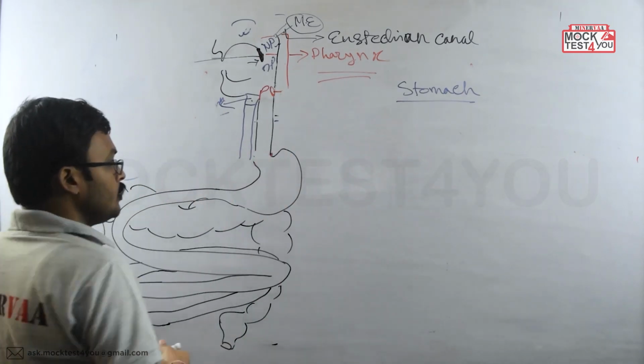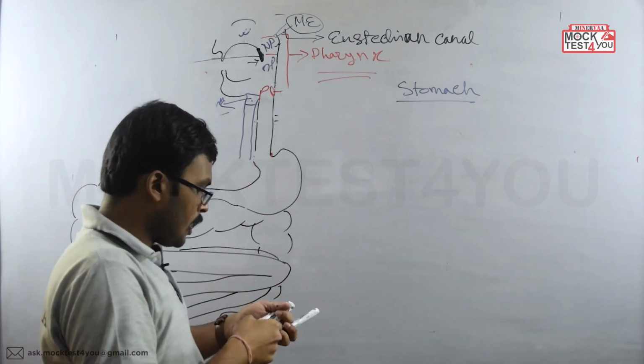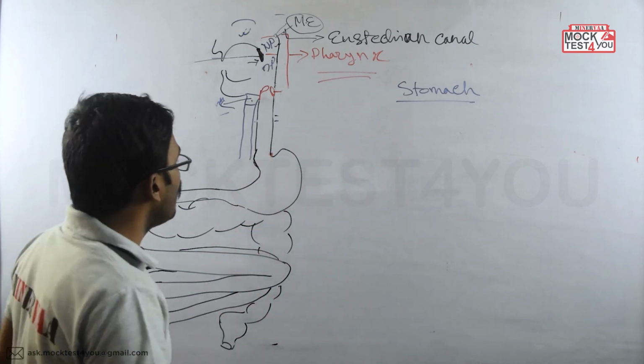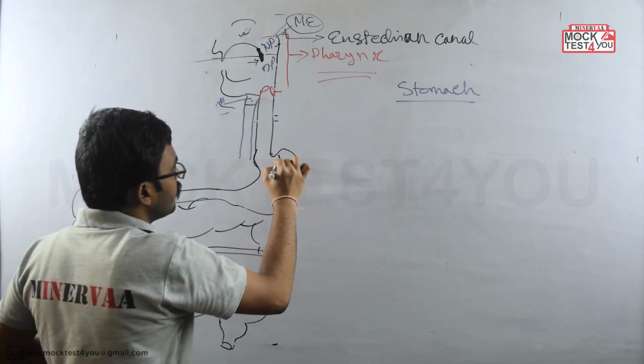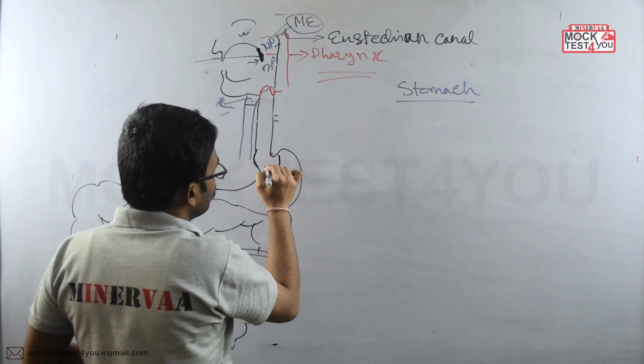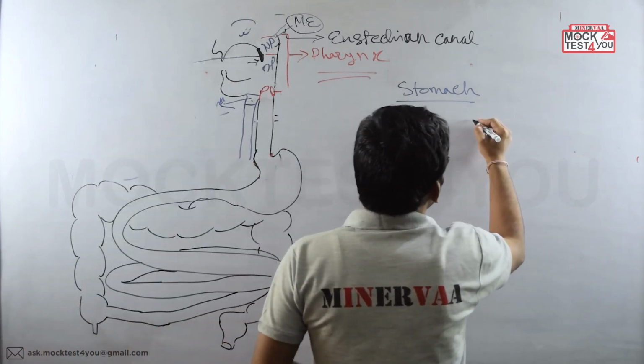Now, if you look inside the stomach, the whole stomach can be divided into 4 different regions. What are those? Let me draw the stomach separately over here.